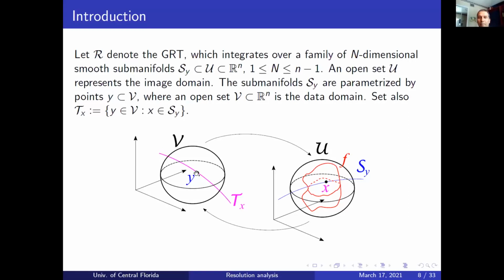Another object that we normally look at is the manifolds T_x. These are inside V. For each x, T_x is the collection of all y such that the corresponding S_y contains x.